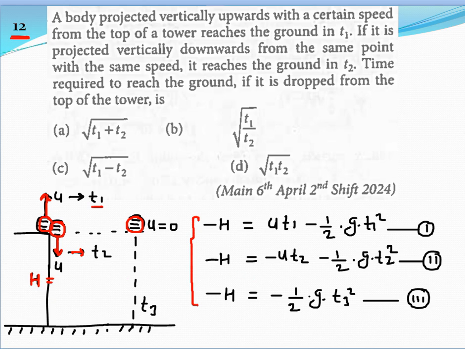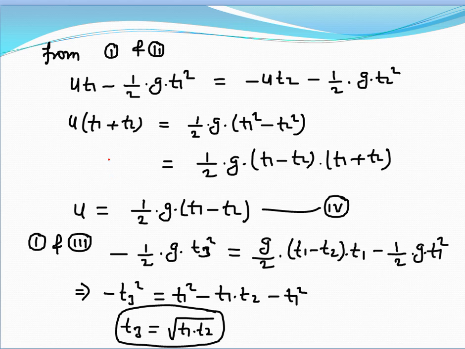Then I have done some mathematics. I will just show you, you try to understand. It is explained very clearly here. Using 1 and 2, we get the value of u, and then using 1 and 3, in the third equation we have minus half g t3 square, and in the first equation u t1.